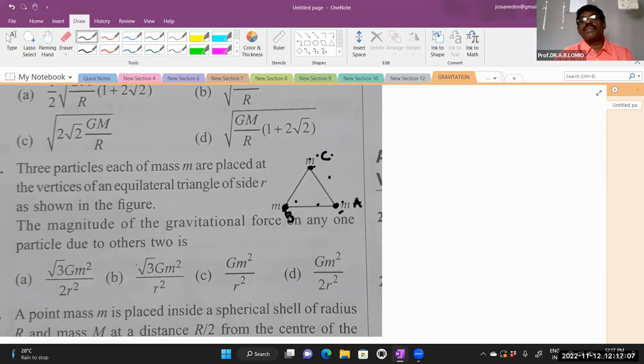With respect to the reference point A, the force is calculated from B and C. The force of attraction between A and C and A and B, say this one F1, this one F2. Since it is an equilateral triangle, the angle is 60 degrees.